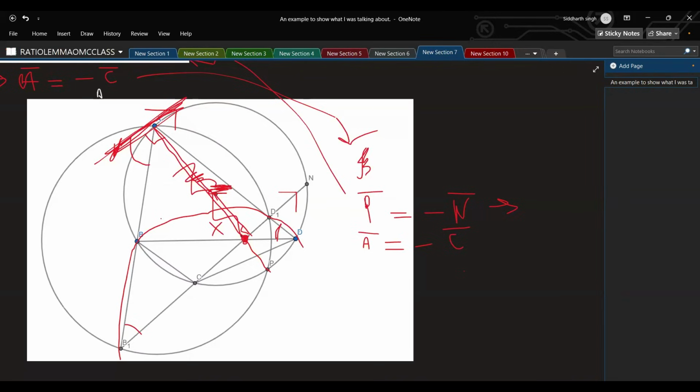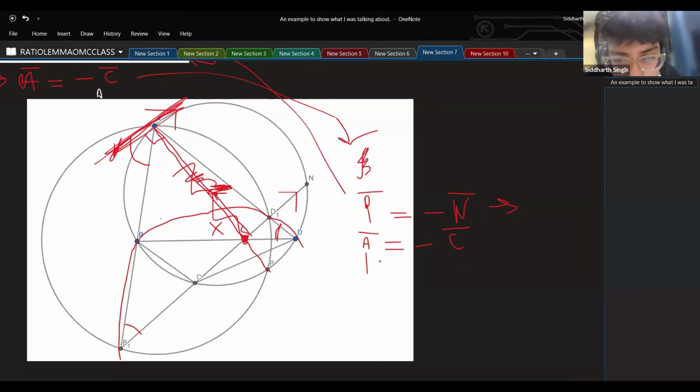Then we can multiply these two, P and A, and we have N and C. Then we get P and A in terms of X, and we also get N and C in terms of X. Right, you're so right. This is actually the right idea. So if we multiply these two out, we'll get X bar.